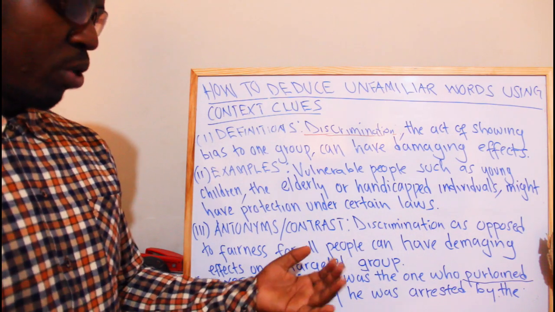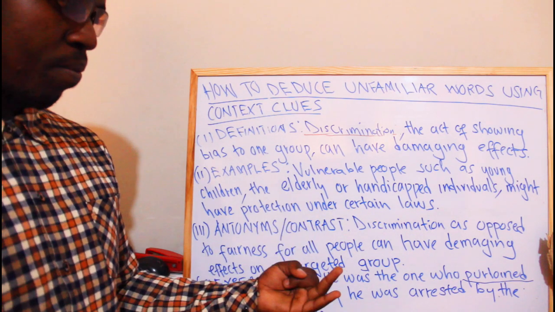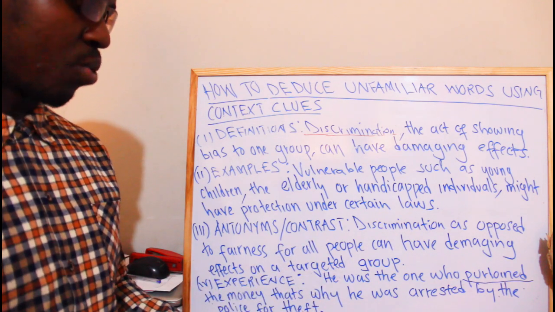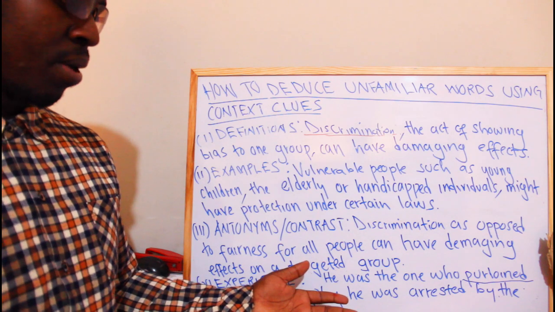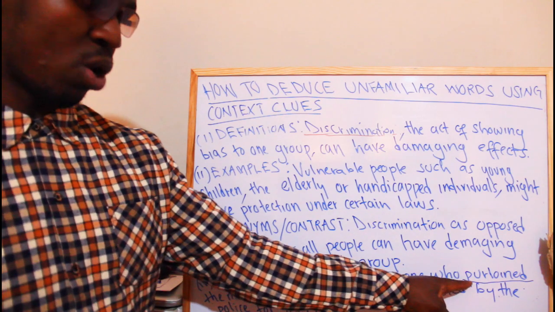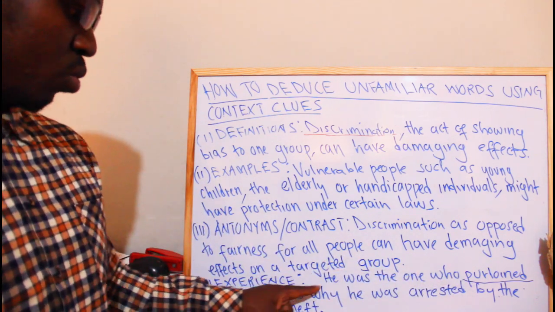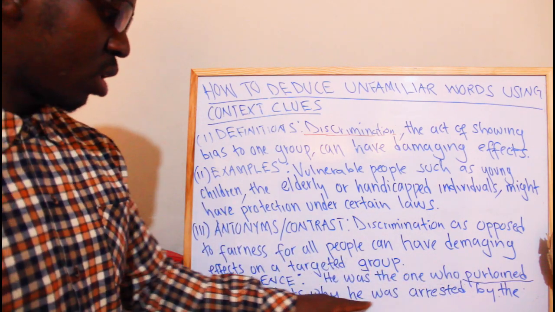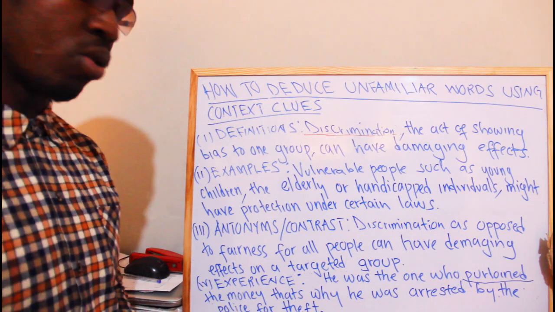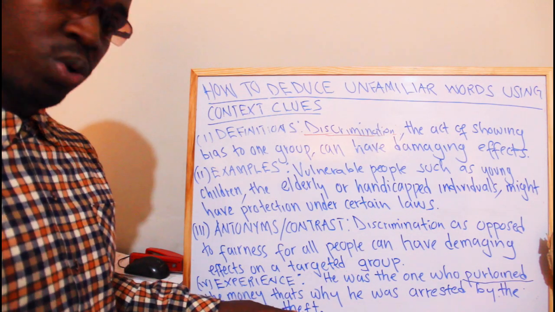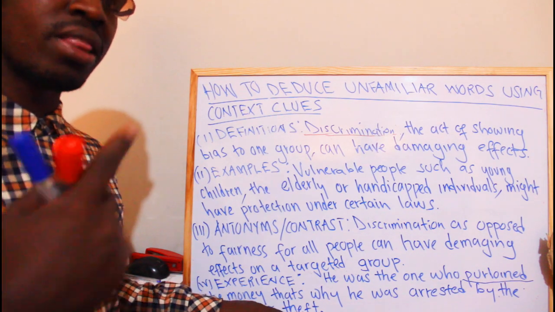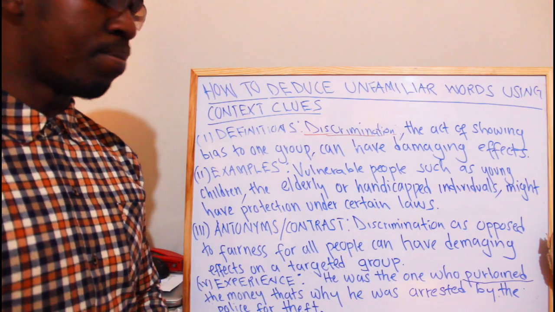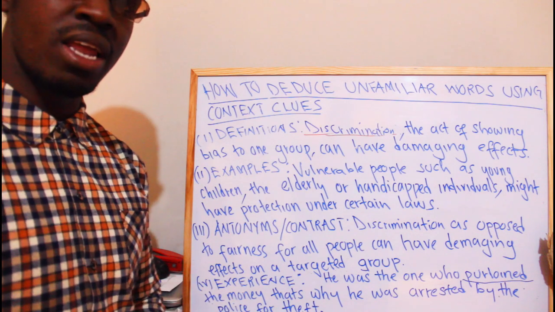So when we look at getting, withdrawing, and then stealing, we arrive at stealing being associated with purloined. Then our sentence is going to read, he was the one who stole the money. That's why he was arrested by the police for theft. Another clue is this one, which is theft in this particular case, meaning the word purloined means stealing money.